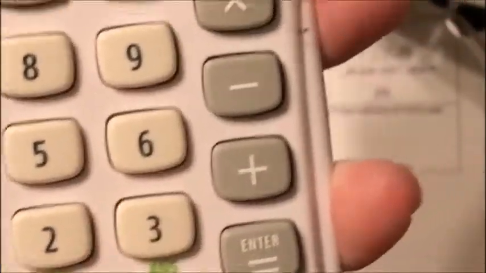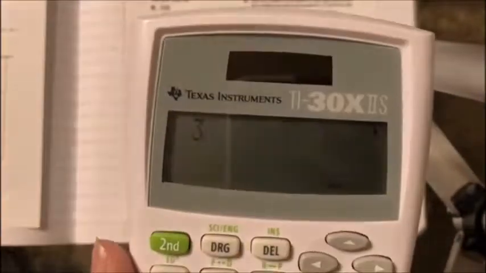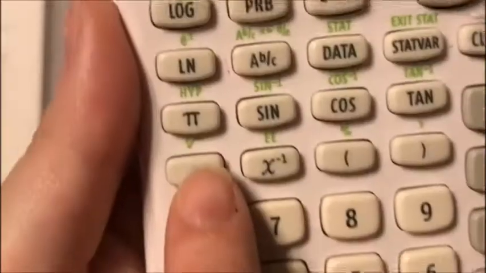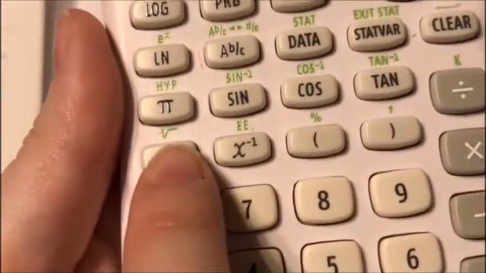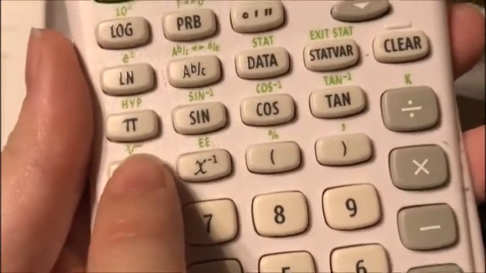So what I'm going to do, okay, is I'm going to take the cube root, so that's 3. So I'm going to hit the 3 button first. So 3, let me zoom out a little bit, it'll be easier to see. Okay, so I took 3, right? I got the 3 there. I'm going to hit the second button, that green button up there, and then I'm going to hit the one that has this little caret on it. And you can see right there, okay? It has x and then the root.